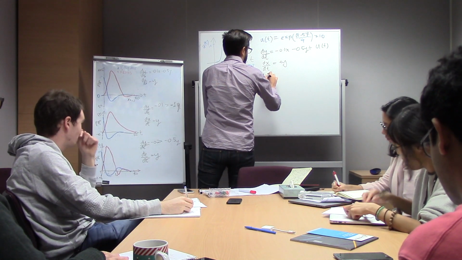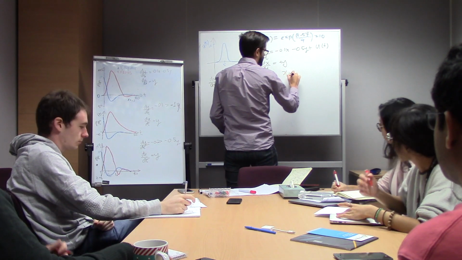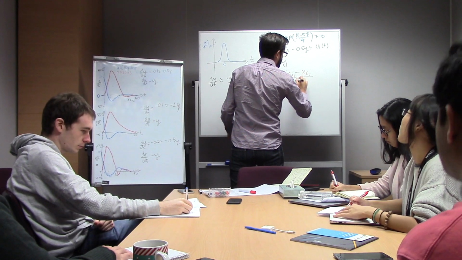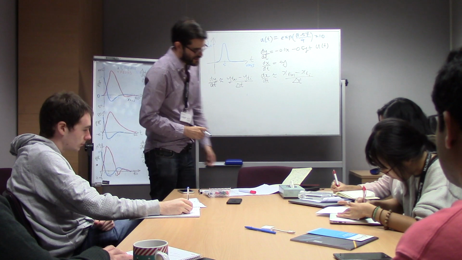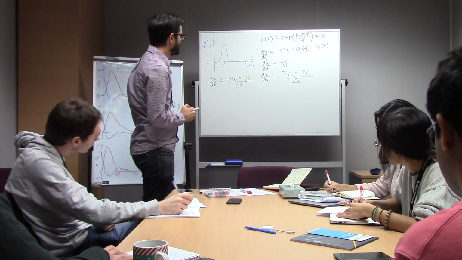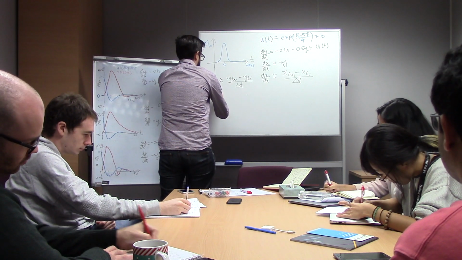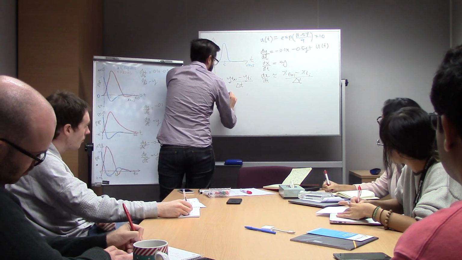Again, dx/dt is x(t_i+1) minus x(t_i), divided by delta t. Cool? Okay, now let's do the following. I want you all to write this now and see what you get.